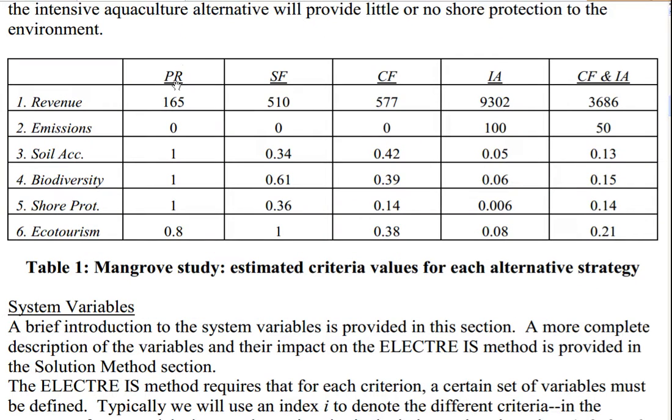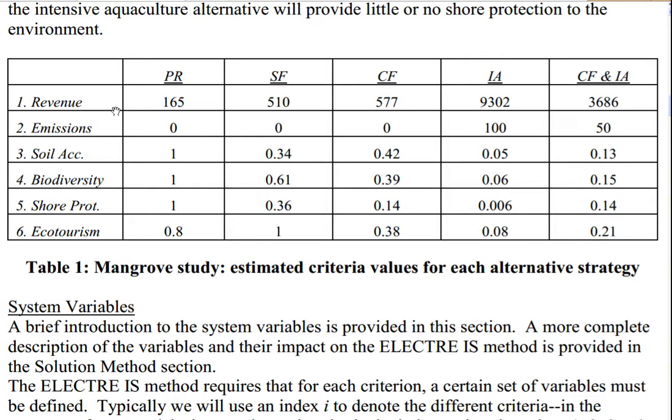So for instance here, PR, whatever that is, the value goes from 0 to 165. We want to scale those numbers to be from 1 to 10. No, I'm sorry, I got that backwards. Revenue is this way, so scratch that. Each number in this column is measured in the same units, and you want to scale these numbers to between 0 and 10.